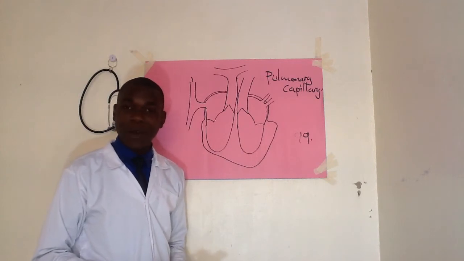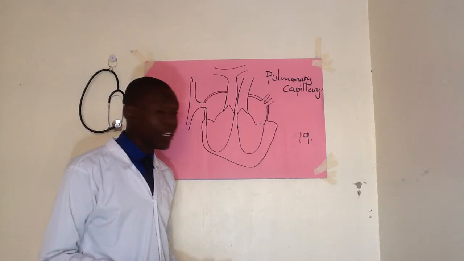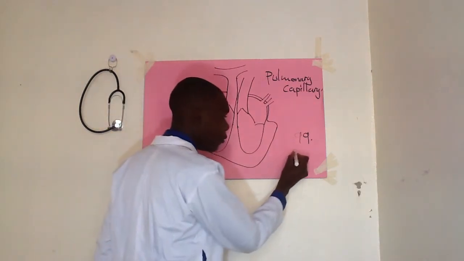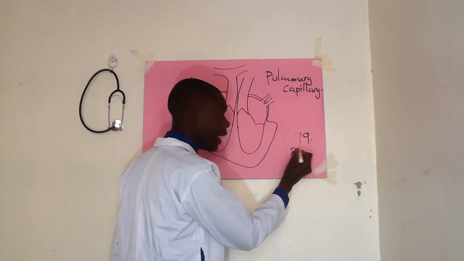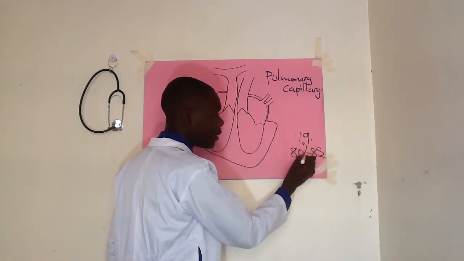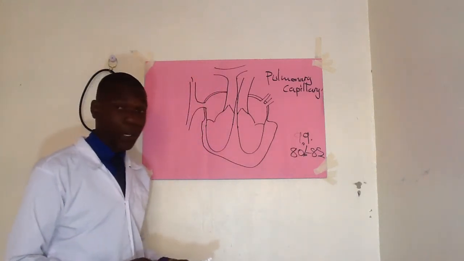No. Within it, it has oxygen, only that the oxygen levels have lowered. The oxygen levels may be around 80, so you may find it's around 80 to 82% saturation with oxygen. And there it may be considered as being deoxygenated.